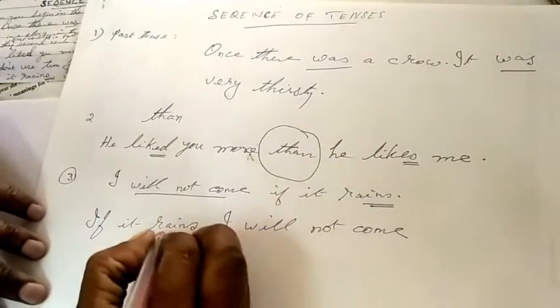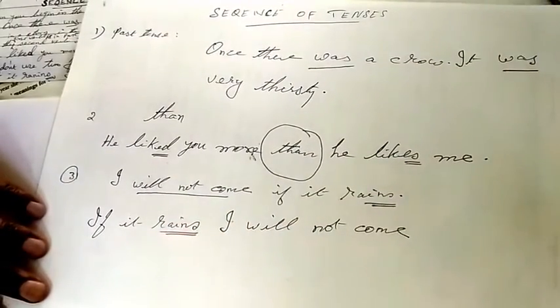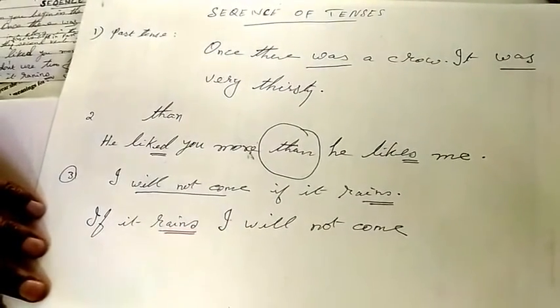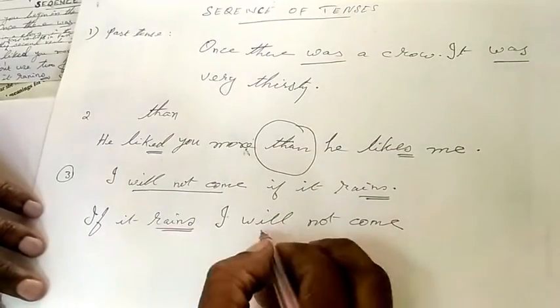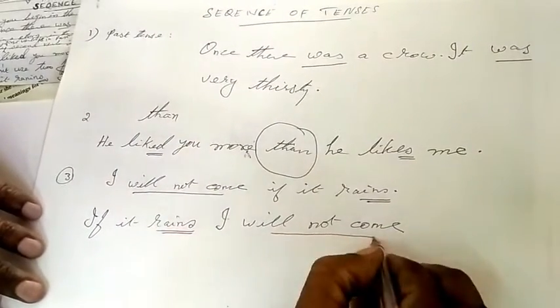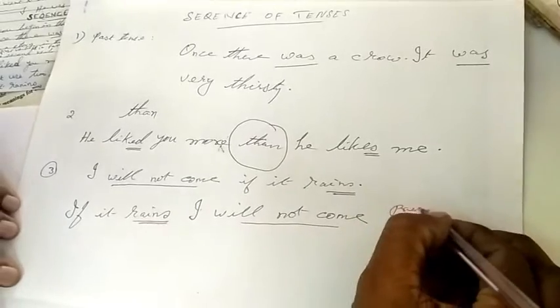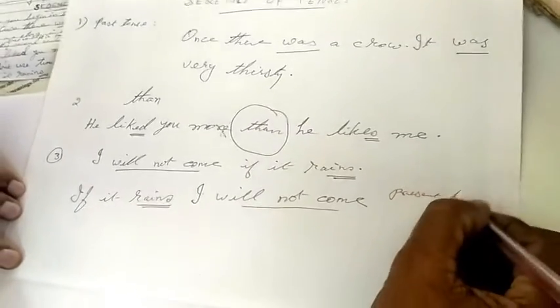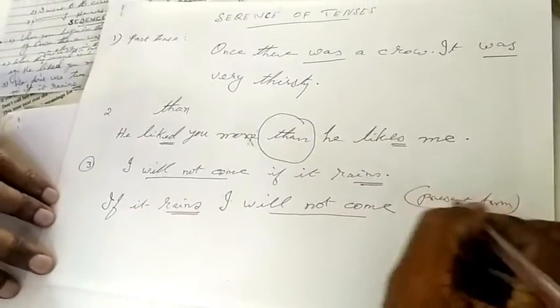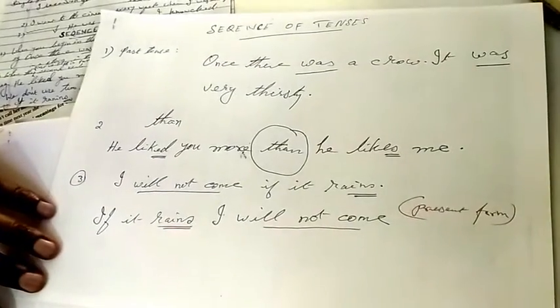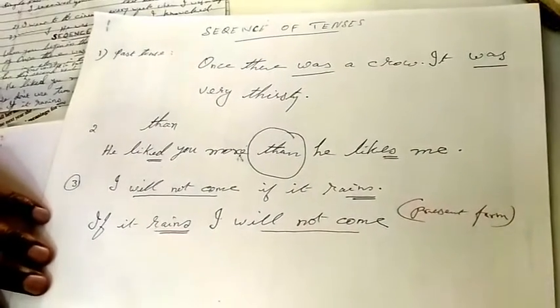Watch this. This is present simple tense. It is followed by future tense in present form. Future tense in present form.